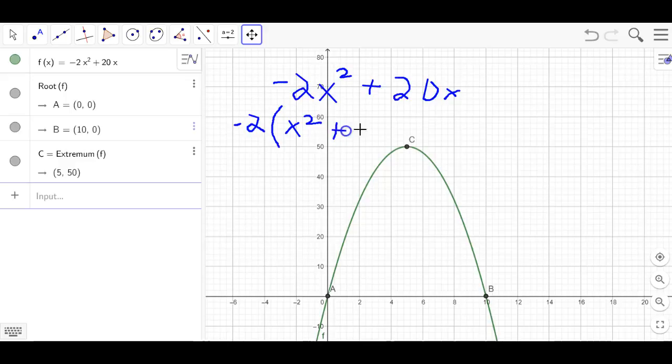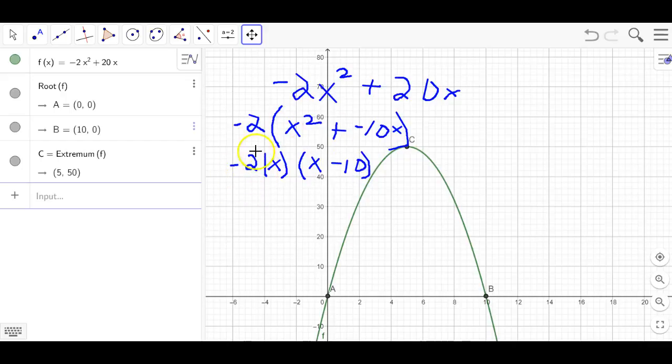And then plus, negative 2 times what is positive 20, it would be negative 10x, right? Is there any other common factor here? Yes, the x can come out. So it becomes negative 2 times x times x minus 10. This is factored form.